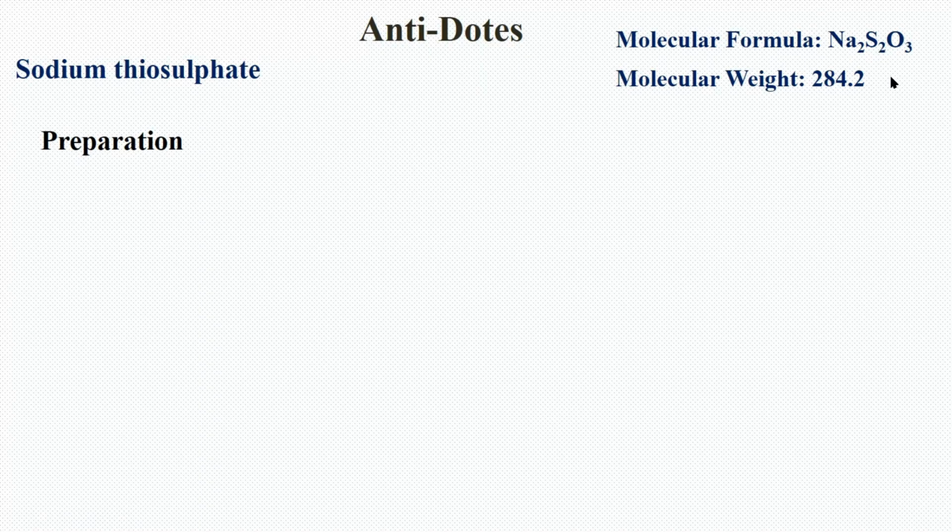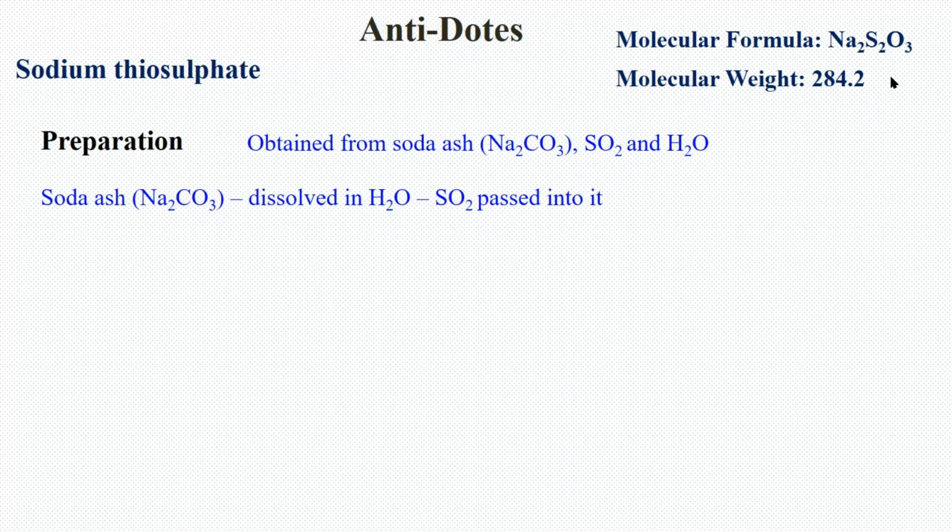Sodium thiosulphate can be prepared by treating sodium carbonate with sulfur dioxide and water, followed by sulfur. Soda ash, as it is called, the chemical sodium carbonate, is dissolved in water, and to this sodium carbonate solution, sulfur dioxide gas is passed.